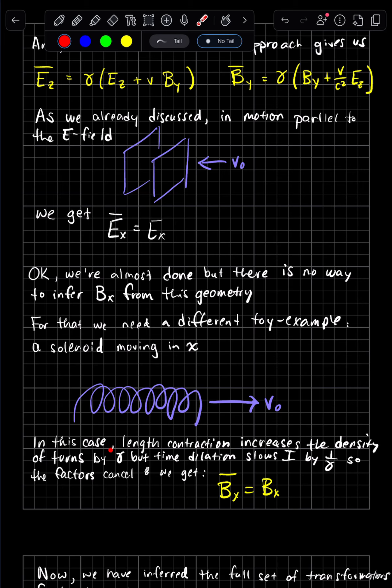So the factor of gamma times the turn density multiplied by 1 over gamma times the current, the gamma factors cancel out, and we end up getting that the B field in the parallel direction also remains unchanged.